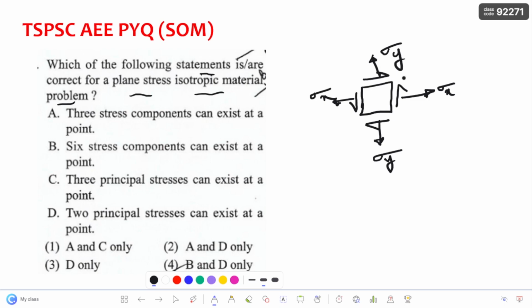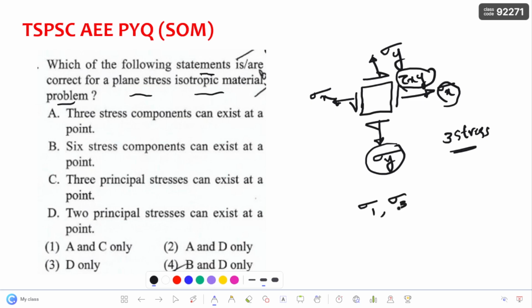Here you can count the number of stress components, that is sigma x, sigma y and also tau xy. In total there are 3 stress components. Coming to the major and minor principal stresses, that is sigma 1 comma sigma 3, there are 2 principal components. Now let us see the options.